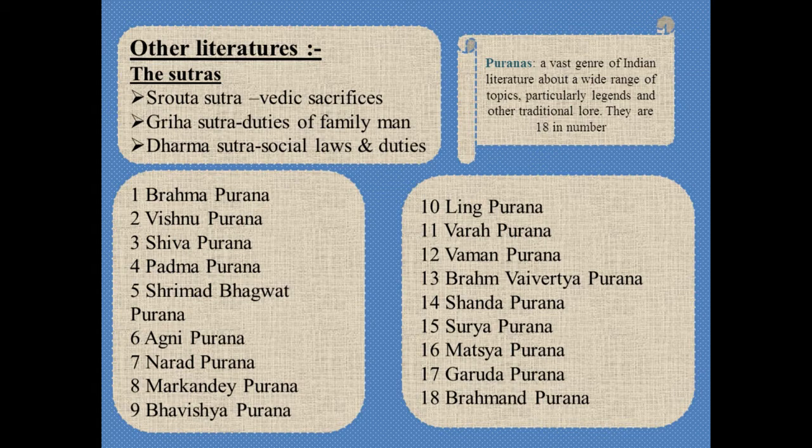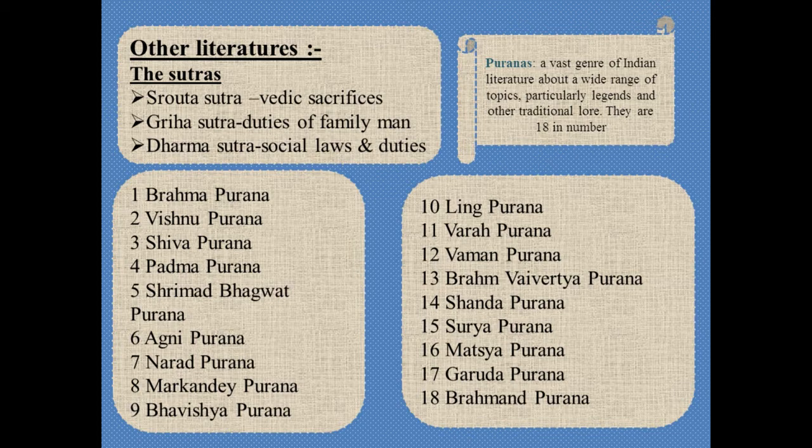Among the 18 Puranas, Brahma Purana, Vishnu Purana, Garuda Purana, Skanda Purana and Matsya Purana are very important for us. Matsya Purana and Vishnu Purana are related to history. There are a lot of historical examples and relationships mentioned here.